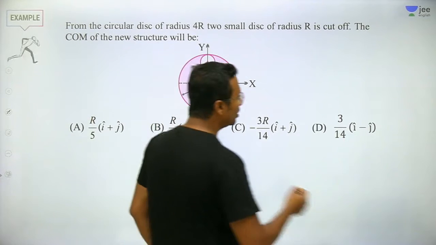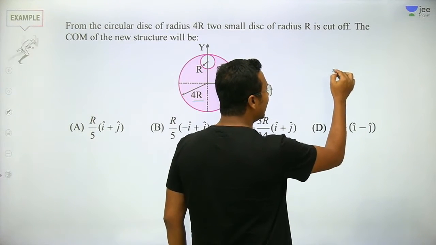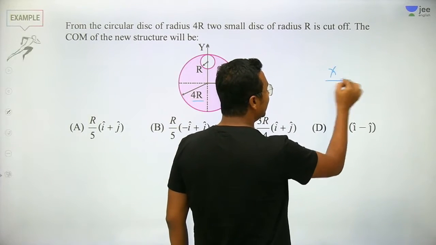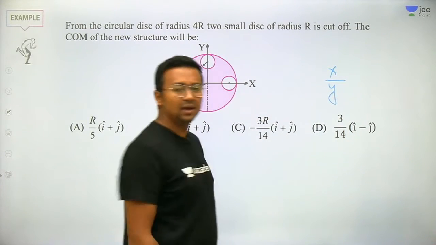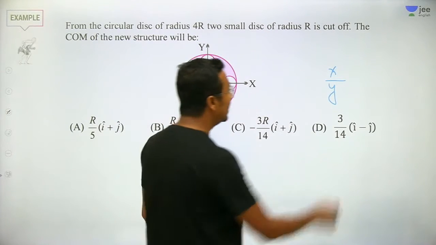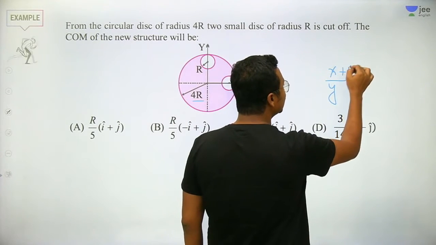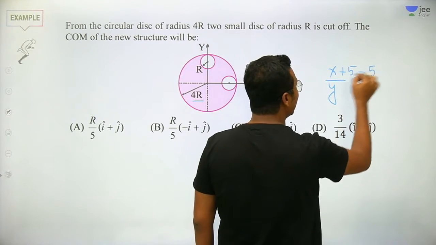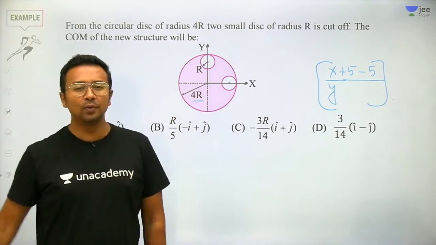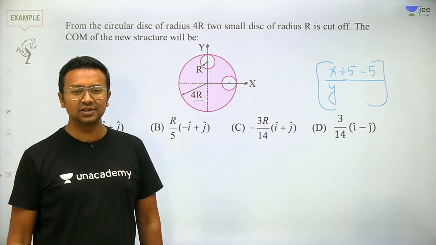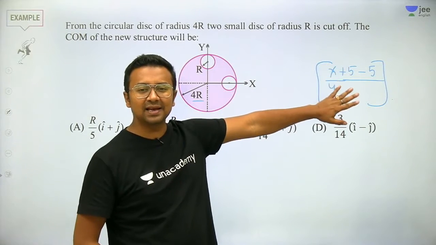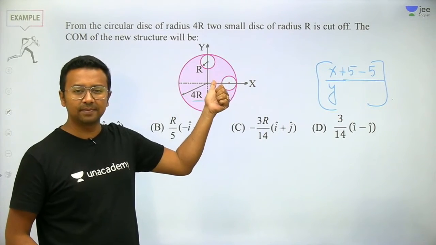So try and understand: if I have got a number x divided by y, and if I add plus 5 and minus 5, will this ratio actually change? Definitely not, isn't it? Something very similar concept is out here.